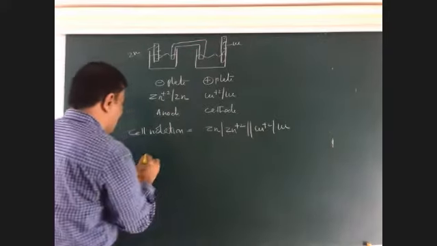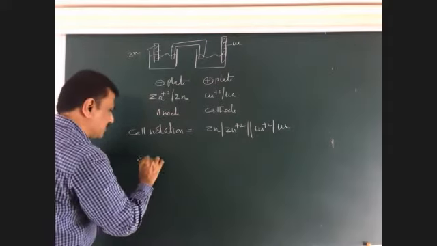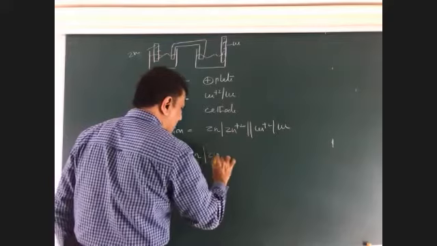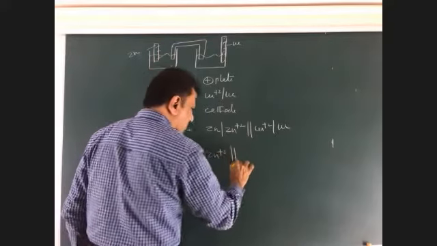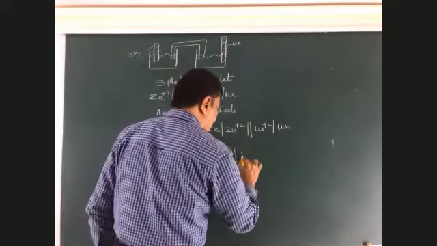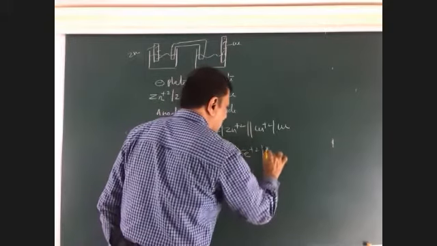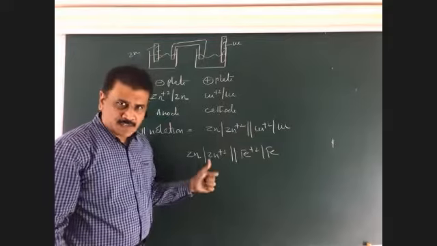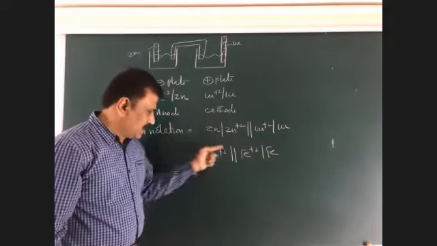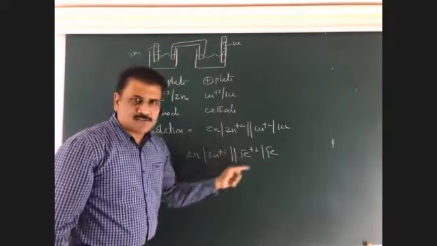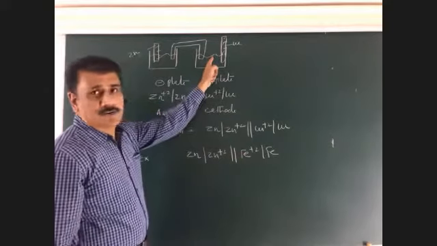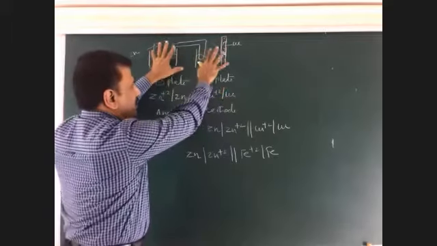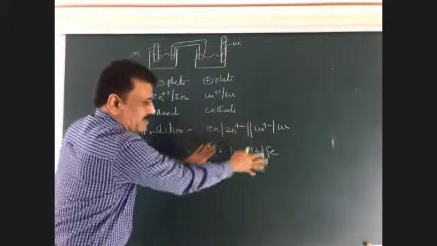And look at one more example. Zn | Zn2+ || Fe2+ | Fe. This is another cell notation. In this cell notation, this is the anode, this is the cathode. Instead of the copper electrode, we can use an iron electrode. So avoiding this type of diagram, we represent this.